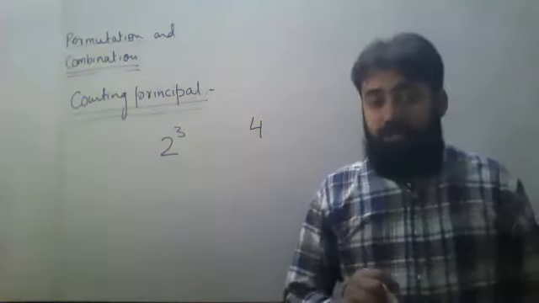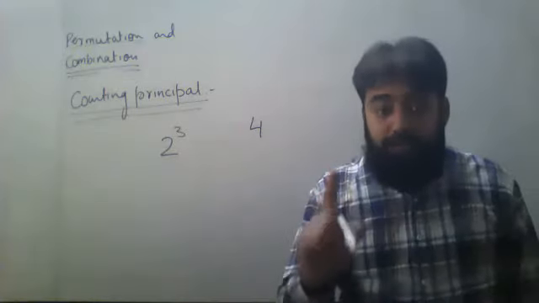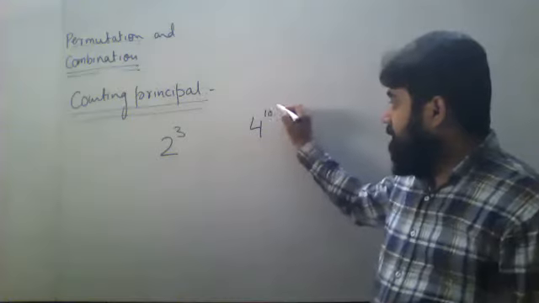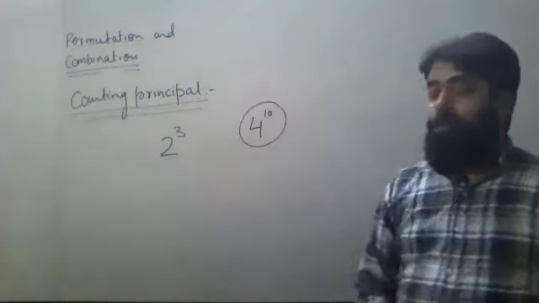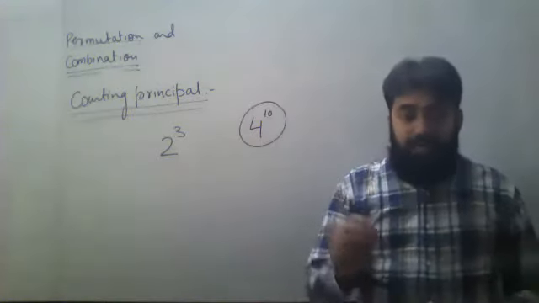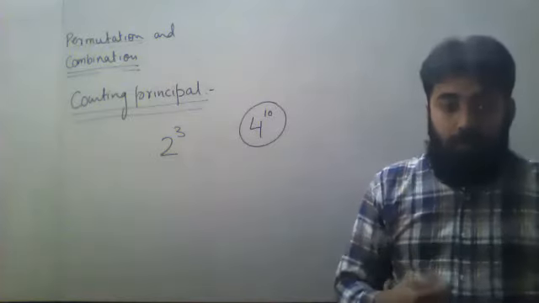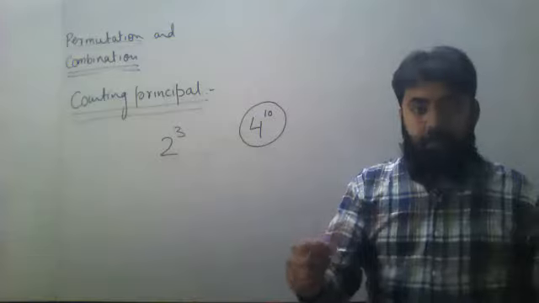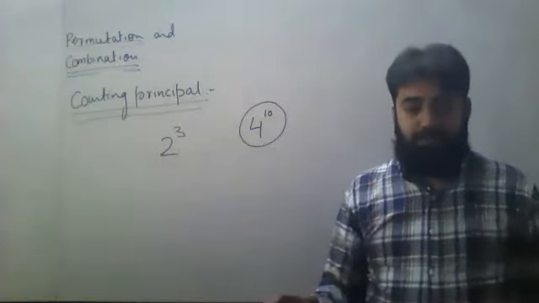And how many questions are there? 10 questions. So 4 to the power 10 will give you the correct information about in how many ways I can solve that paper, because I don't know the correct answers.